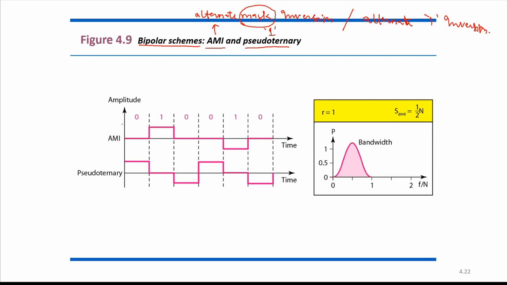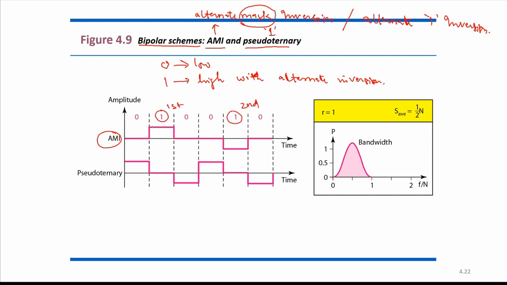So here in AMI, 0 will be represented by 0, and 1 will be represented by high voltage, with alternate inversion. What it means is, whenever the first 1 is there, it will be high. Then 0 will be at the 0 level. Next, this is the first 1, this is the second 1. The first is represented by high, then the second will be inverted.